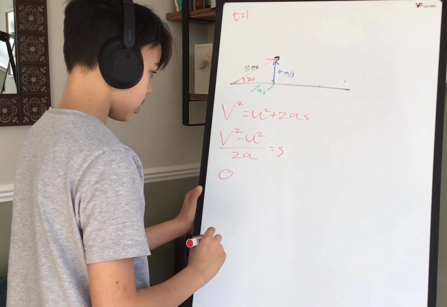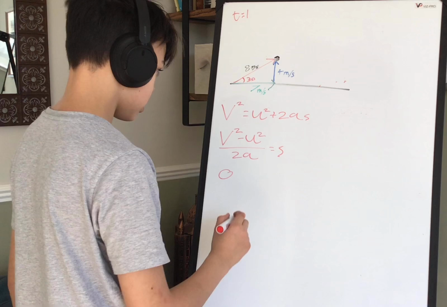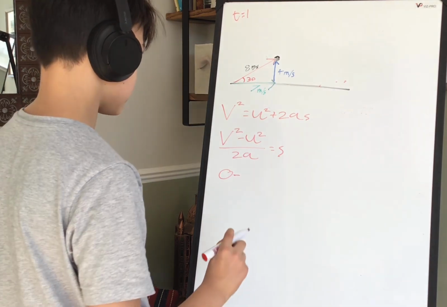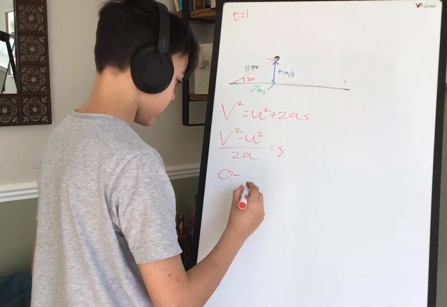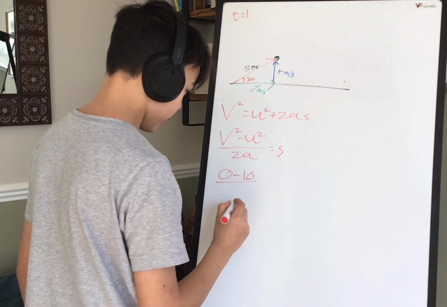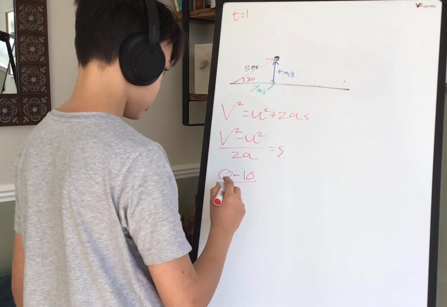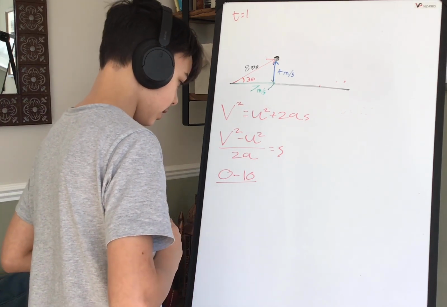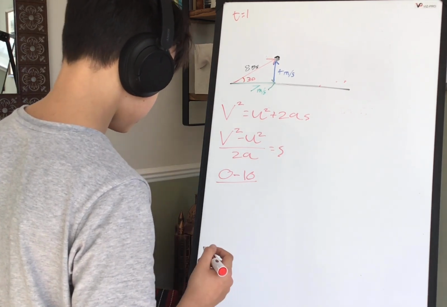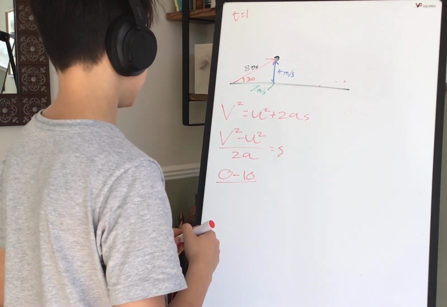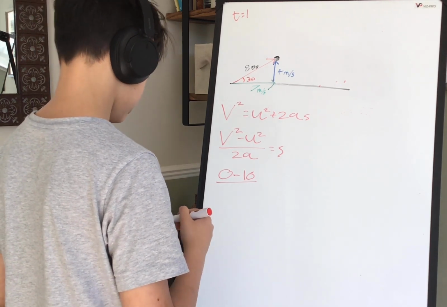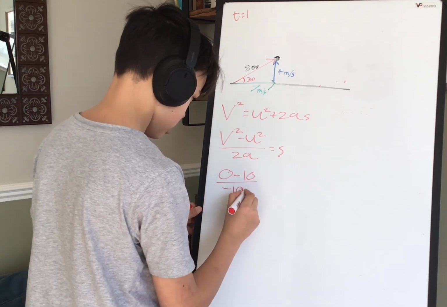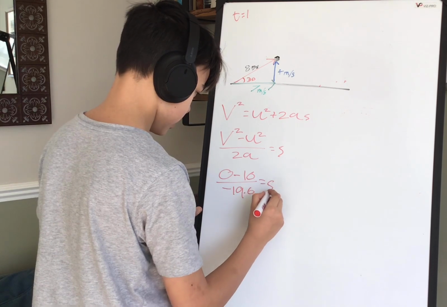So 0 squared is 0, so that's fine. Minus u squared, our initial velocity squared, that's 4. Minus 4 squared, that's minus 16. Over 2 times the acceleration. Now our acceleration is negative 9.8 meters per second squared. So 2 times that would be negative 19.6. And that will equal s.